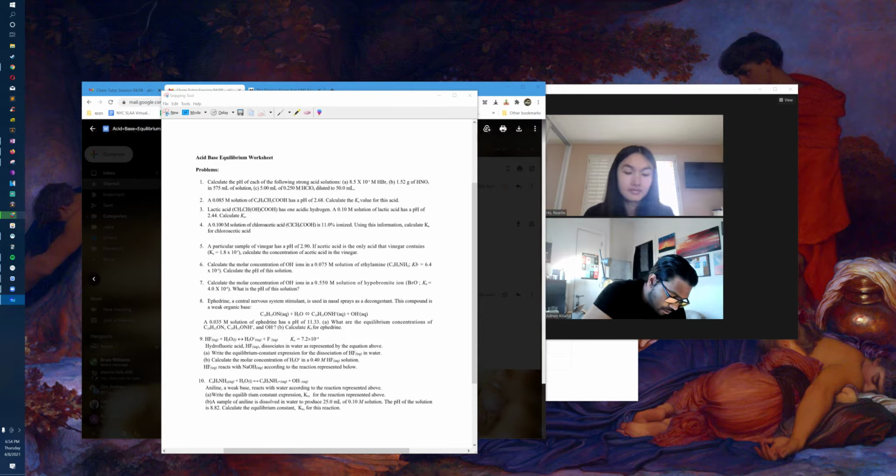So that's the new molarity, and it's also going to be the H plus concentration, right? Mm-hmm. And so, okay, might as well turn this into scientific notation. So 2.5e negative 2, right?